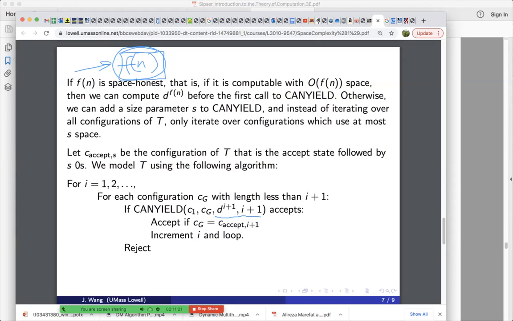Otherwise we increment i and loop. If at some point this is not true, then we reject.